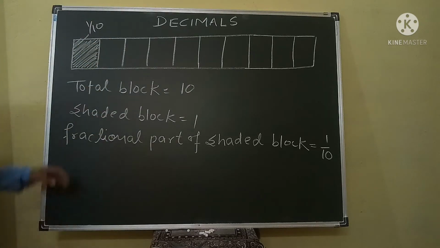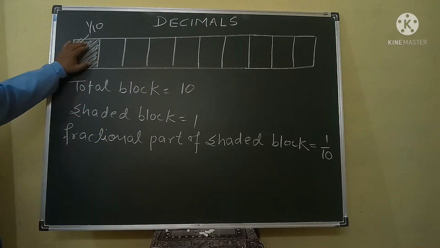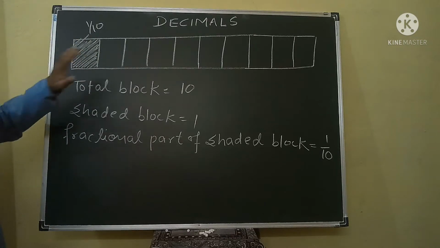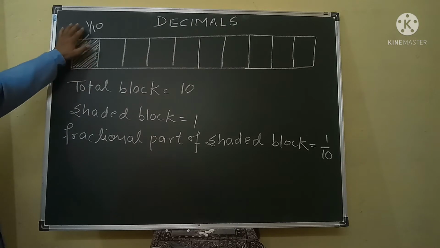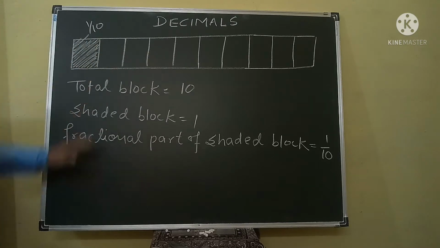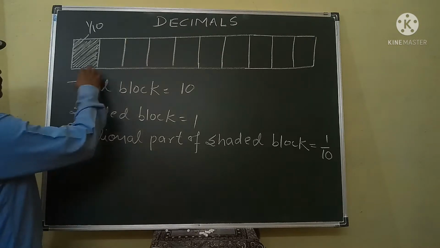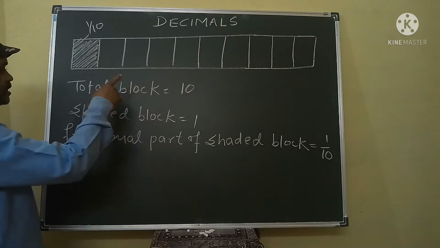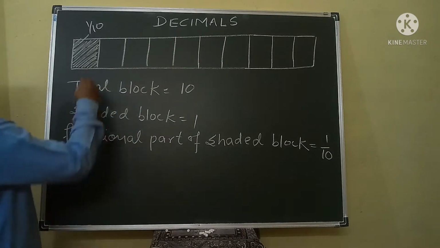That means the first block is shaded, so the value of the shaded block is 1 upon 10. Suppose in this figure 2 blocks are shaded.